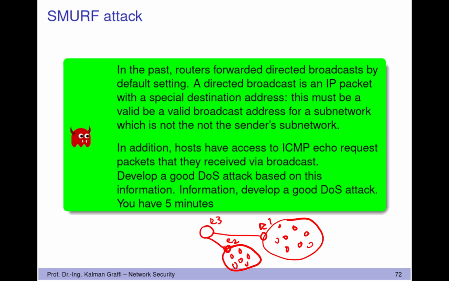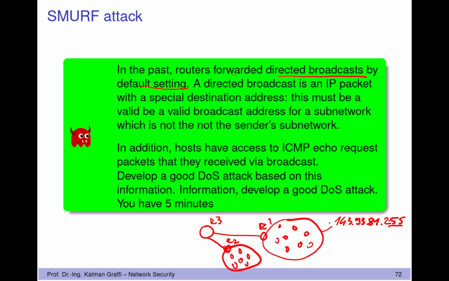Previously, in the past, routers forwarded directed broadcasts by default setting. So, for example, if we have here the net ID of, I don't know, let's take this of the university, 93881, and the highest IP address 255.